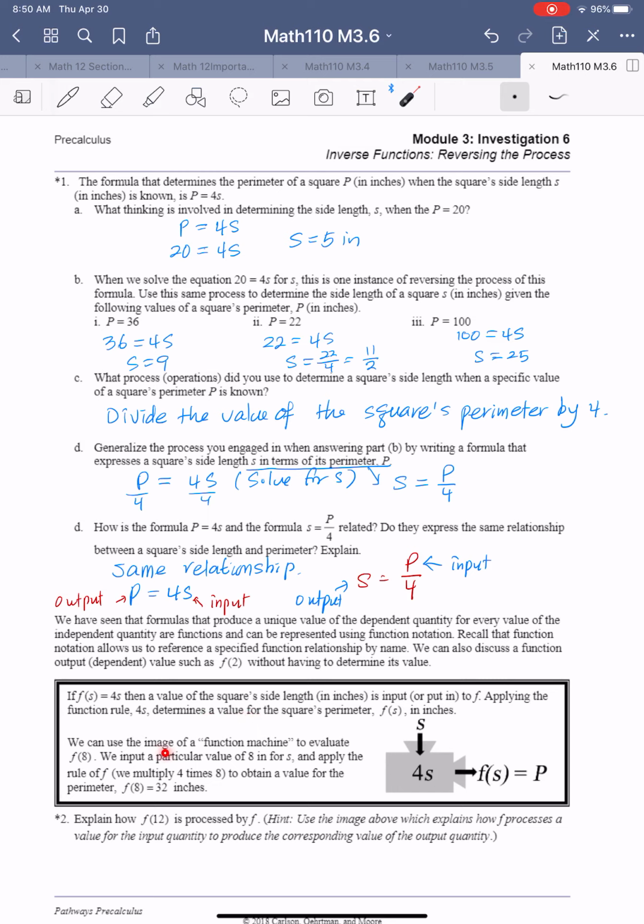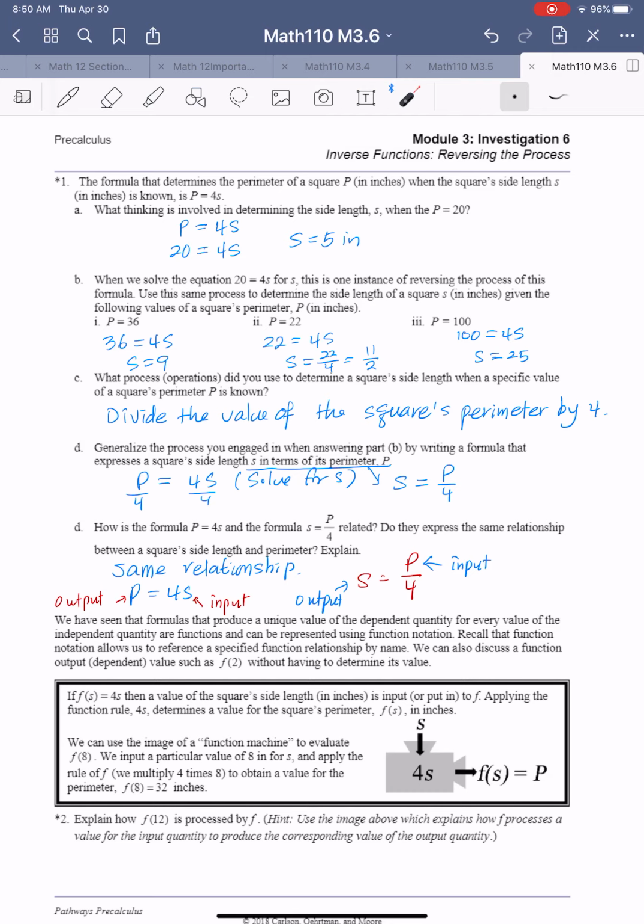We can use the image of the function machine to evaluate f of 8: we input a particular value, 8, for s and apply the rule of f, which is to multiply 4 times 8, to obtain the value for the perimeter, which is f of 8 equals 32 inches.